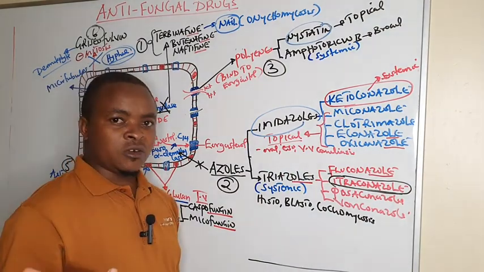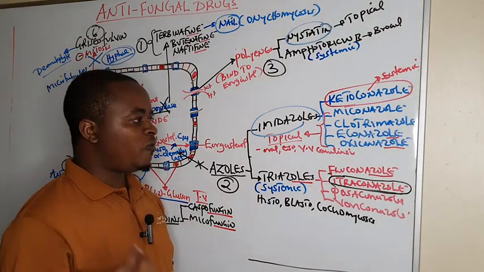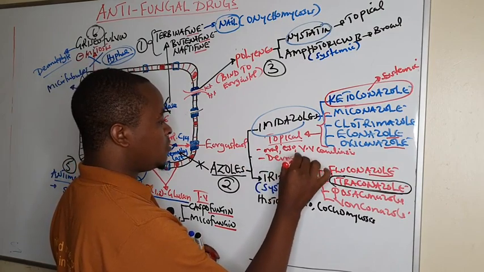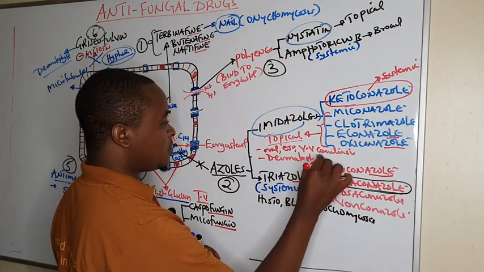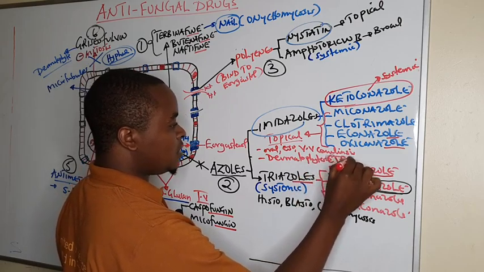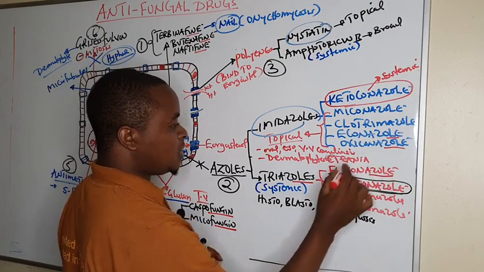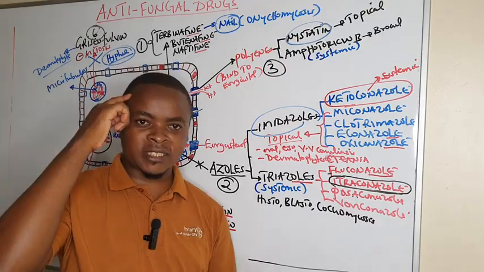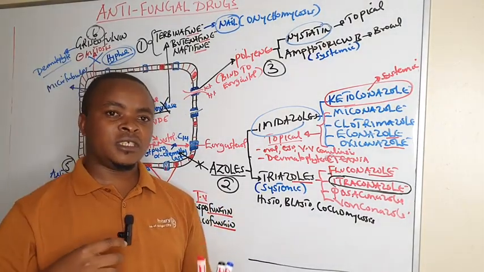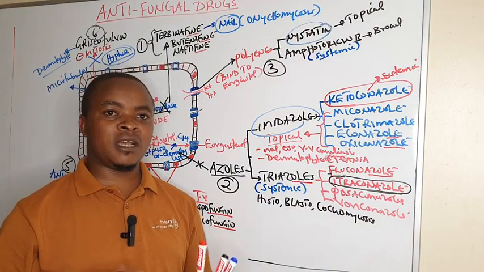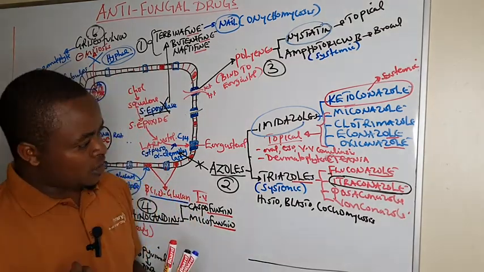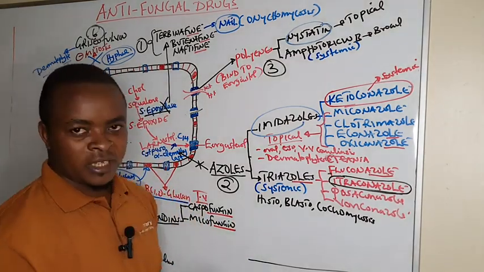But not forgetting also topical fungal infections like the dermatophytes. We can also use them to treat dermatophytes, which we call tinea, like tinea capitis, that is the one that affects the head. We have tinea corporis, tinea cruris, and tinea pedis, that affects feet.